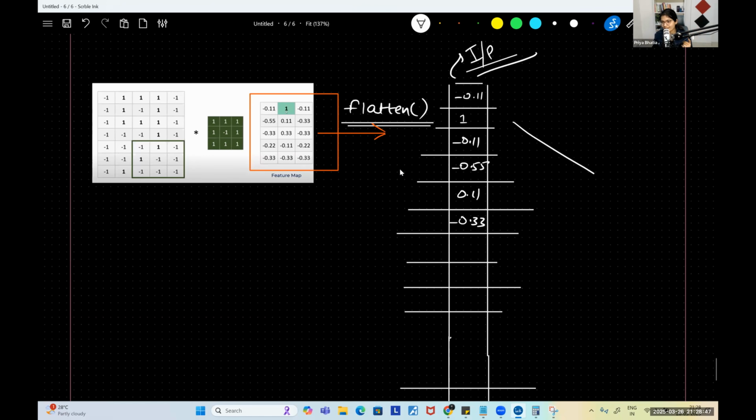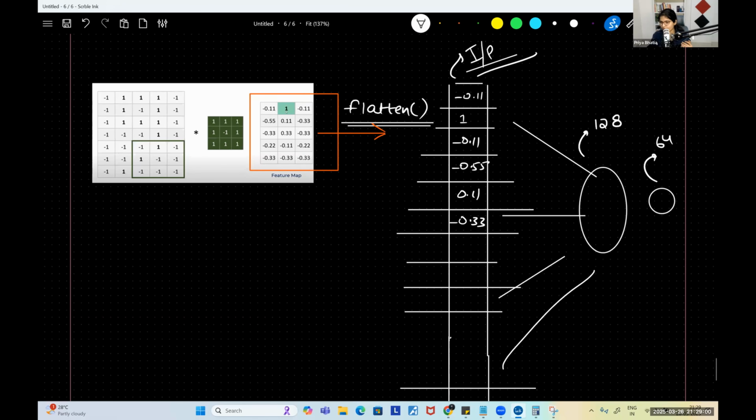Now we will create the hidden layer. Maybe let's say you are creating two hidden layers: one of 128 neurons, another of 64 neurons, just like we did yesterday, or maybe the day before yesterday. I don't remember which day we met last.